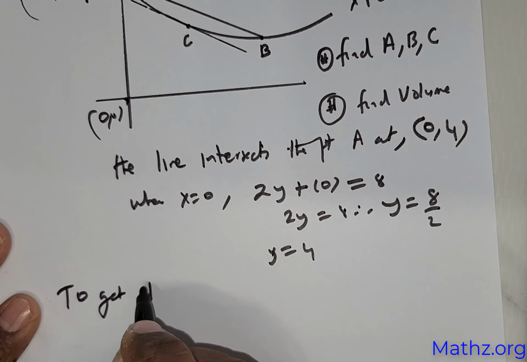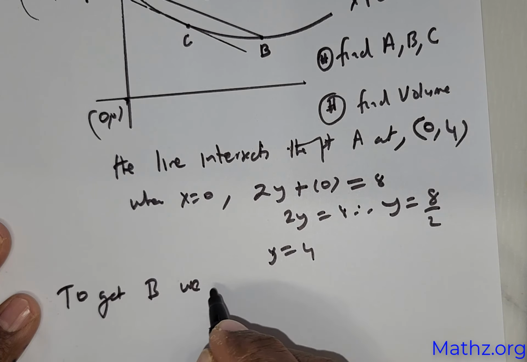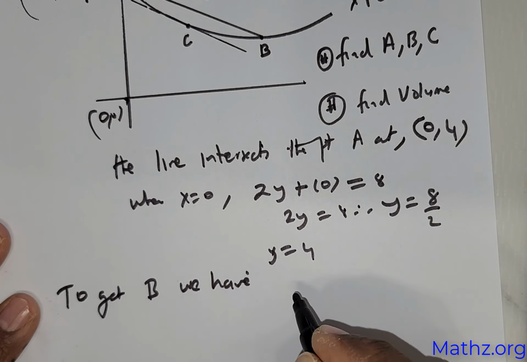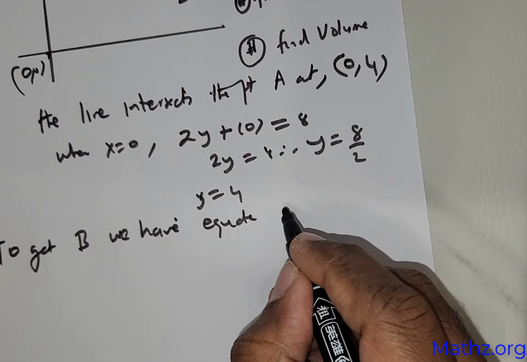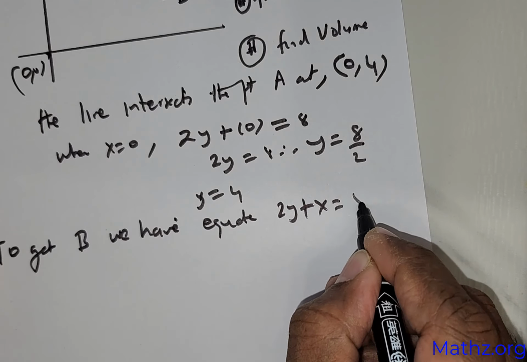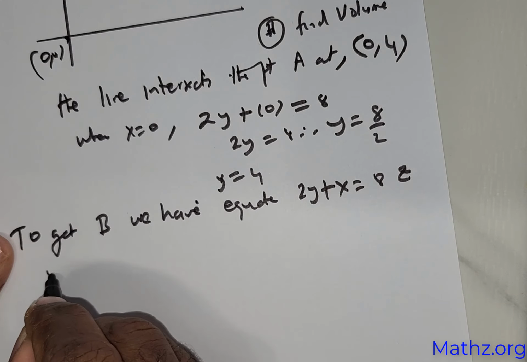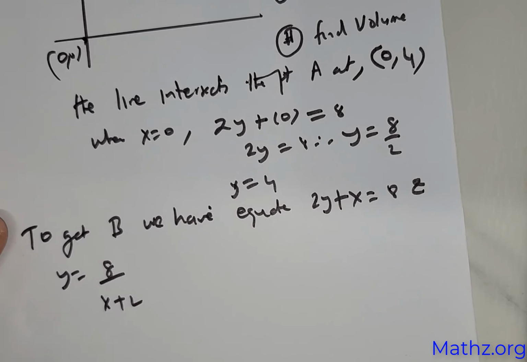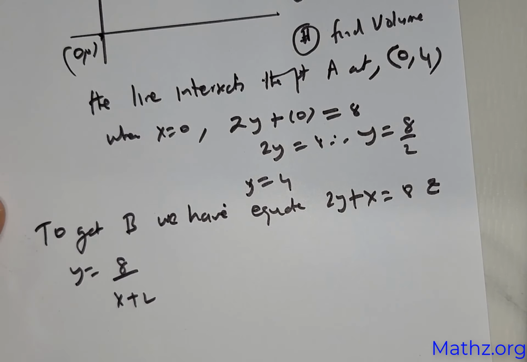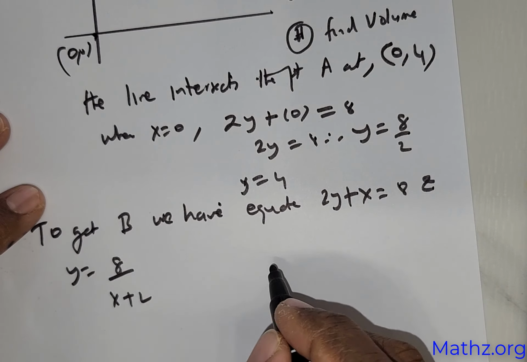To get B, we have to equate 2y + x = 8 and y = 8 over x + 2. So we need to perform that.